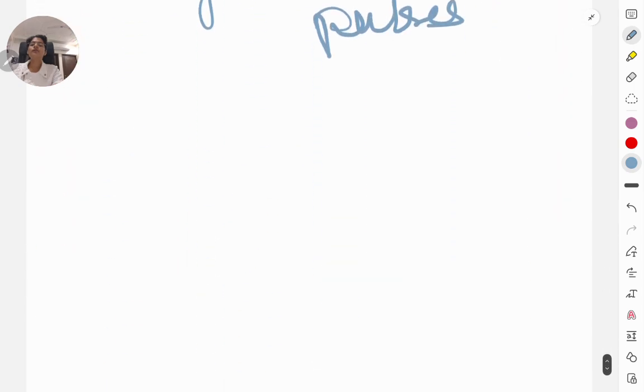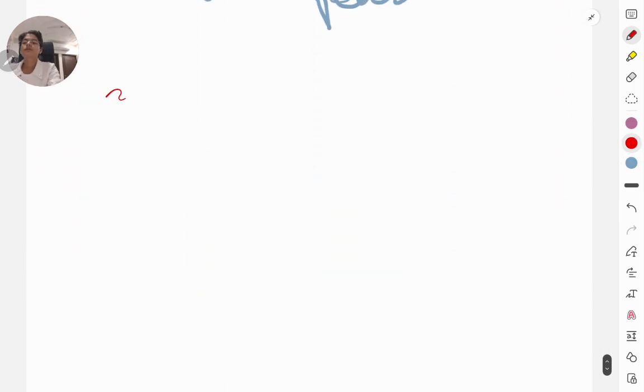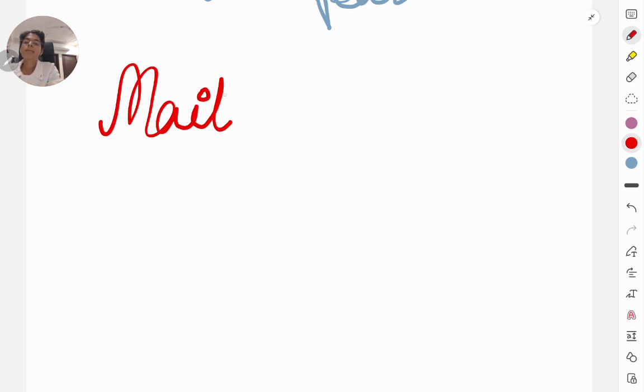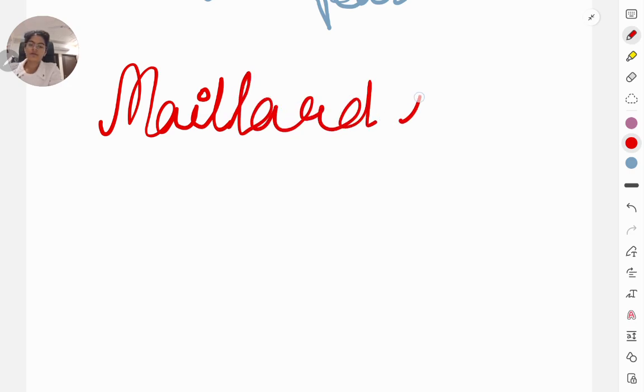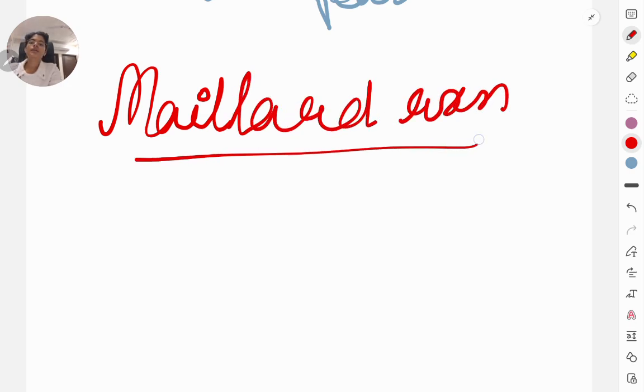Now there is another topic after that, flavoring the food. To flavor food we have what? The Maillard reaction. It means what? Maillard reaction means to flavor the food. Nowadays, people don't eat to survive, they actually live to eat, because they are so fond of the different flavors.